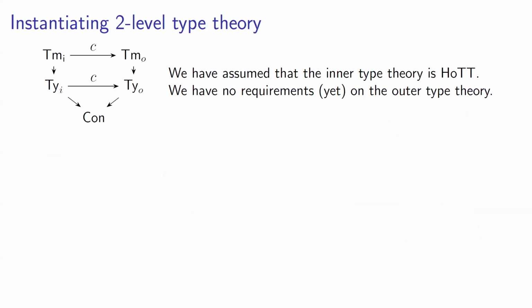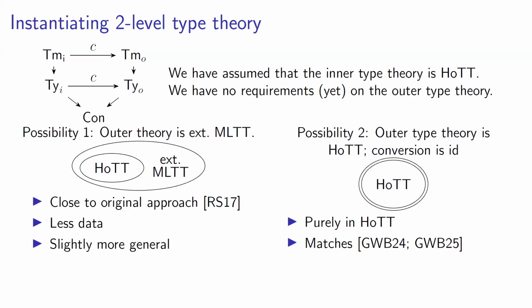So far, I've always said that the inner type theory of this two-level setting is homotopy type theory. This is pretty much fixed because this is really the theory that we are interested in and the theory that has infinity groupoids as primitive objects. So there's not very much we can choose here. But we haven't actually put many requirements on the outer theory. I said that we can think of the outer theory as some sort of meta theory of HoTT, but so far, everything we have done didn't really require us to make a choice.